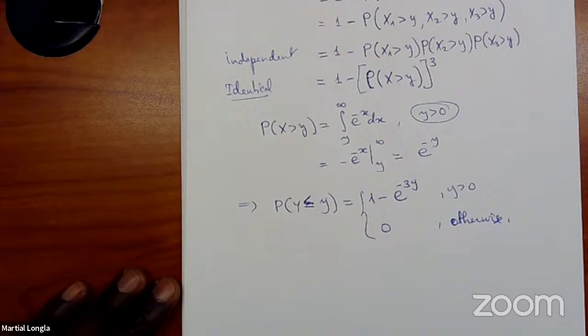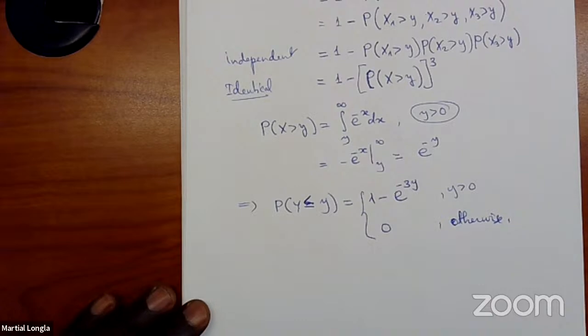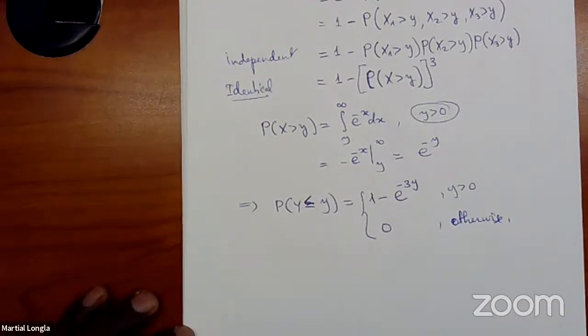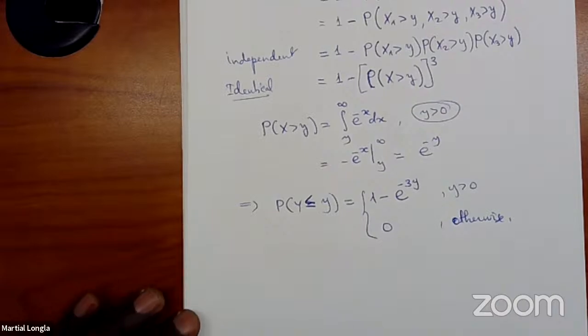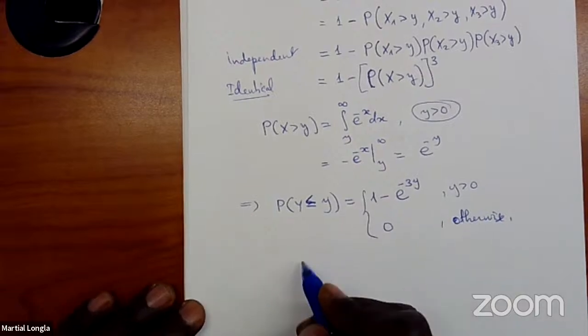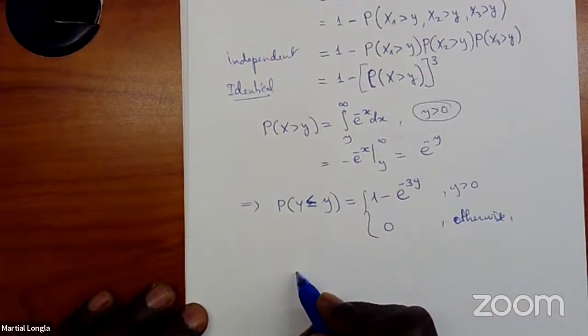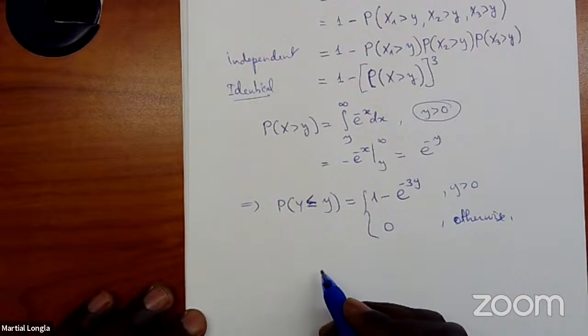Alpha would have to be 1. Beta is 1/3, yeah.